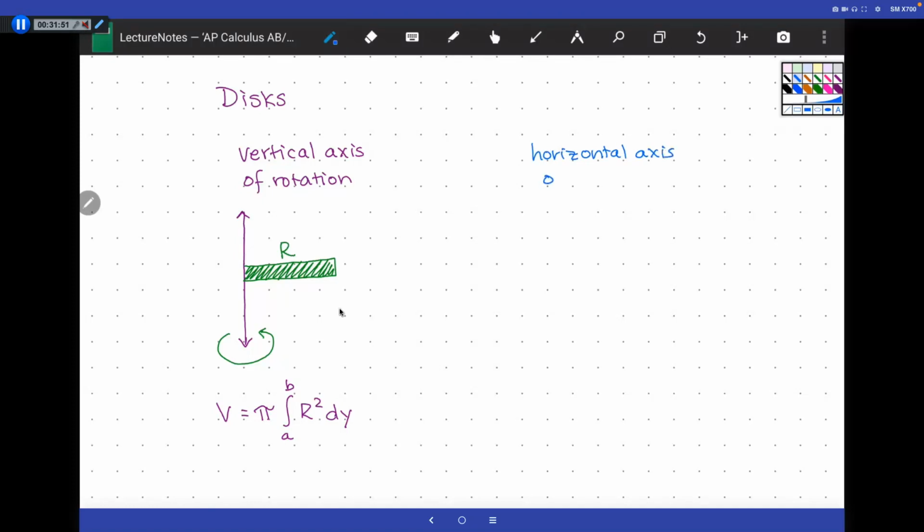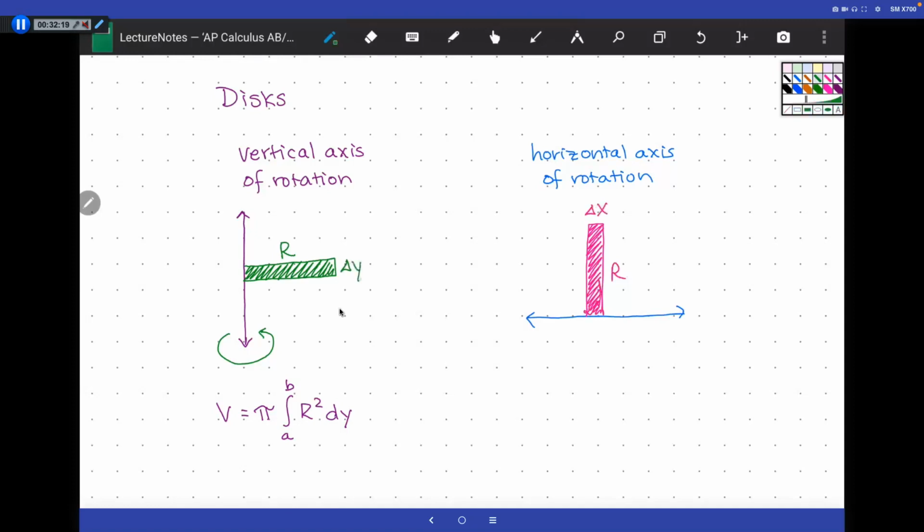axis of rotation, again, always draw your representative rectangle perpendicular to the axis of rotation. For disks and washers, it's always perpendicular. And now we can see it's a delta x problem.